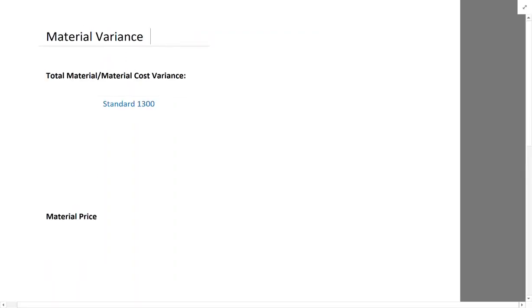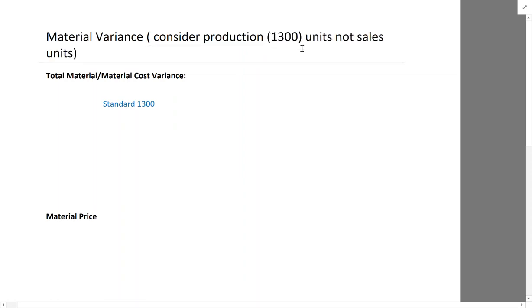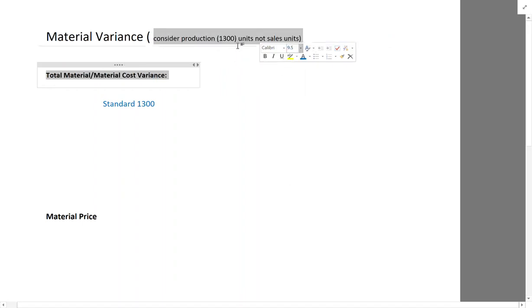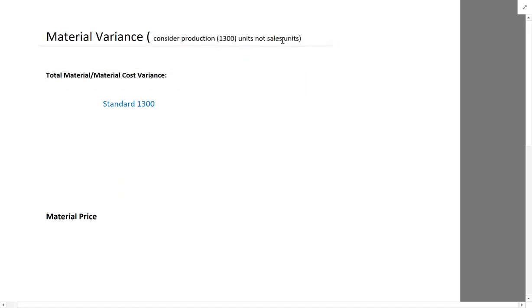But when I'm looking at the cost of production, I look at the production units, not the sales units, okay? Let me write here. Consider production units, which is 1,300 units, not sales units, which is 1,250 units. Does it make sense?